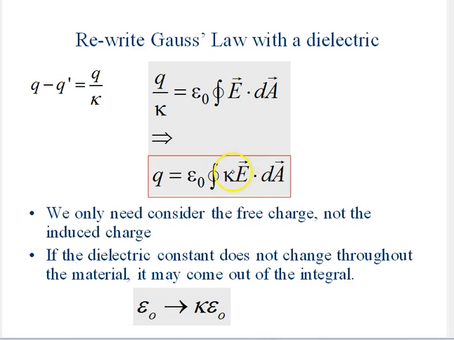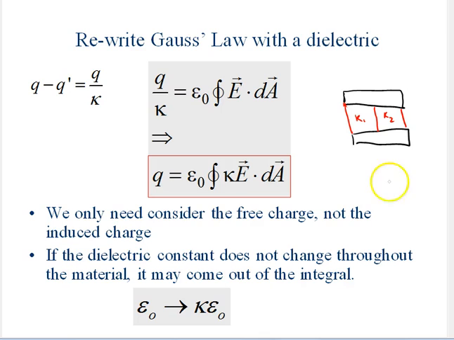Putting kappa in the integral may be necessary if it's not the same dielectric throughout the volume between the plates of the capacitor. For example, we could have two dielectrics like this, where this is kappa 1 and this is kappa 2, right? So we could take our capacitor and have a different electric field on the left side and the right side.